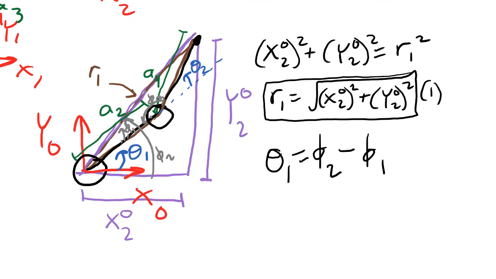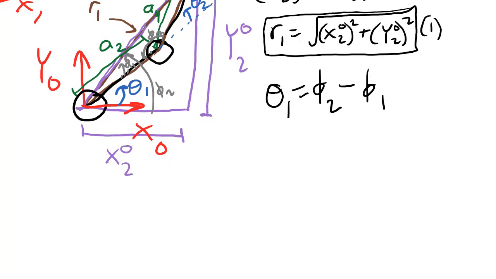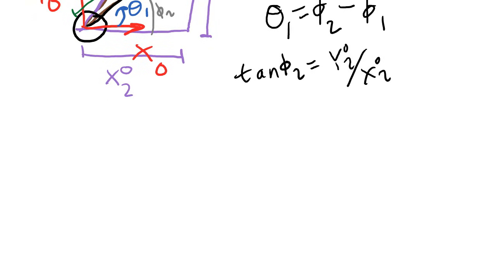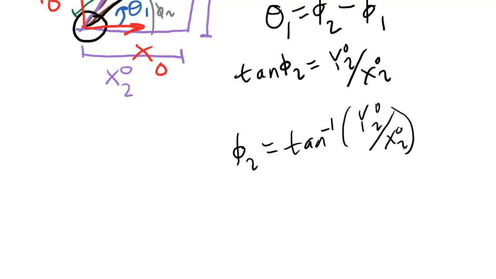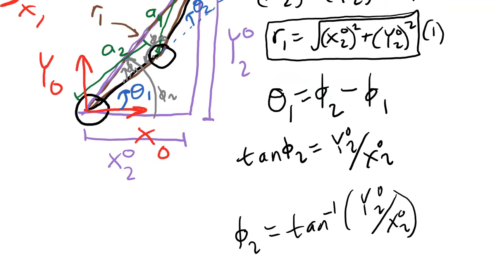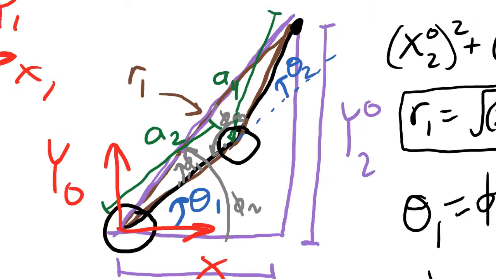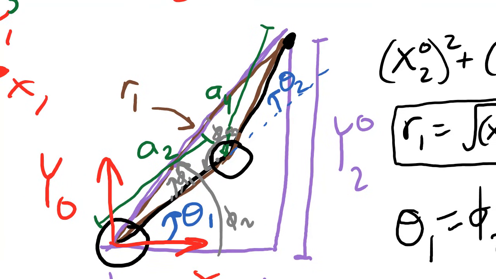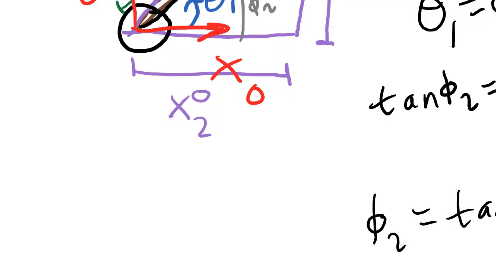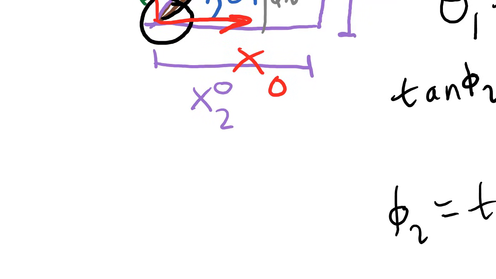Let's start by getting phi 2 from the purple triangle using a tangent relationship. And then I'll solve this equation for phi 2. Next, we want to get phi 1. Phi 1 is inside the brown triangle, and A4 is the side that is across from phi 1. So we can use the law of cosines to get phi 1 like this.